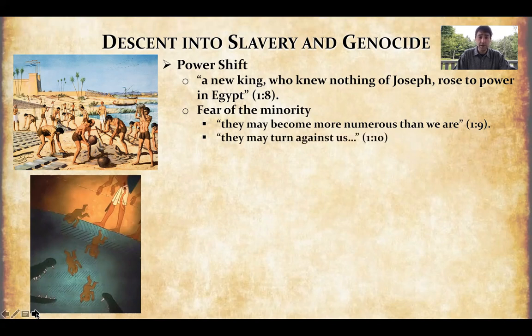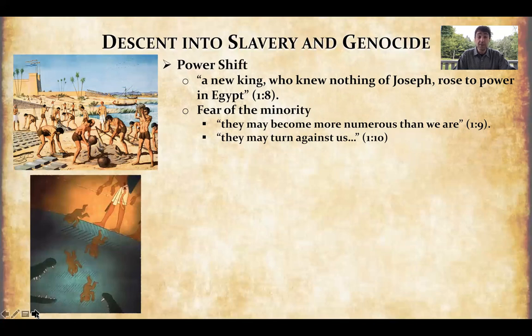And so they may turn against us, particularly in a time of war. We have this large group of people that are not ethnic Egyptians, and they're growing faster than we are. And he was afraid that they would become more numerous and that they might be turned against the Egyptians and that the Egyptian dynasty might be overthrown yet again.